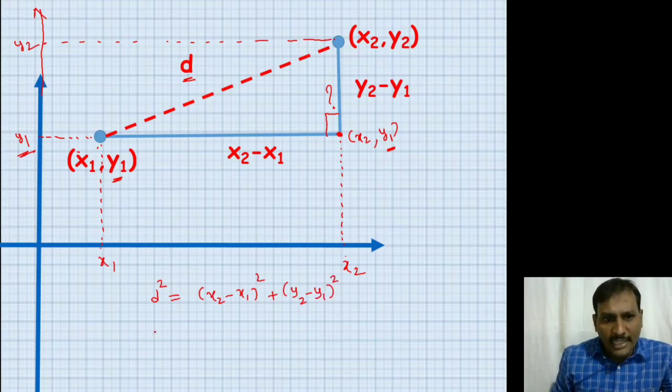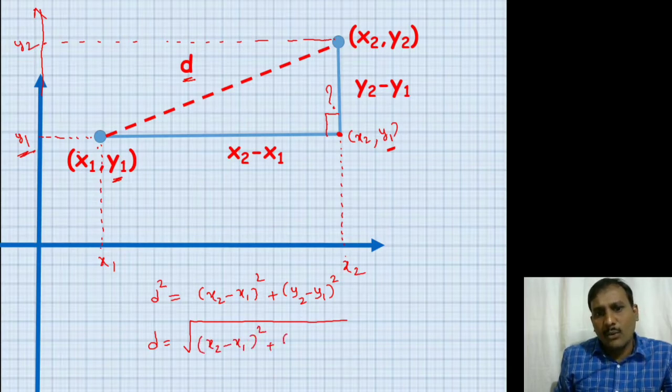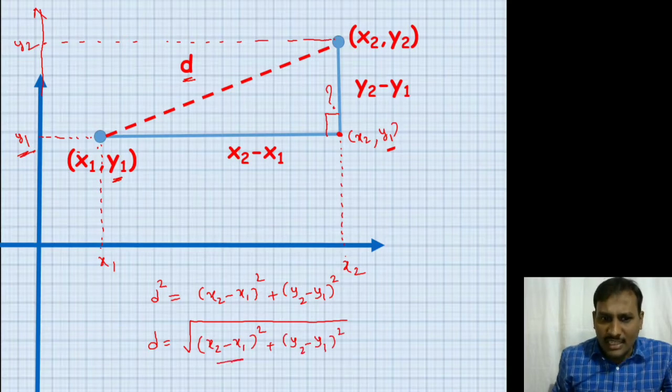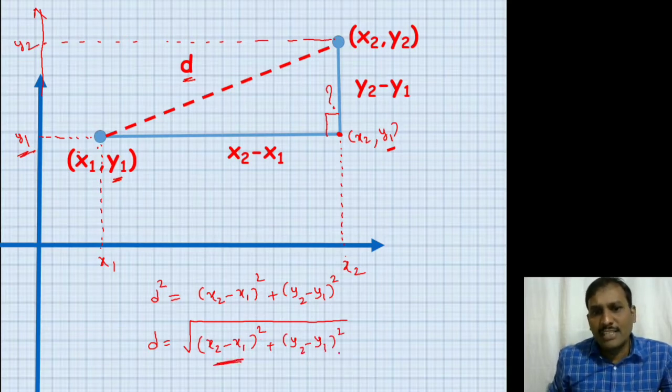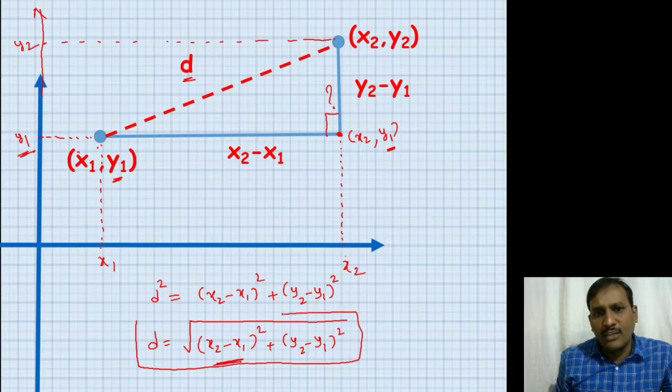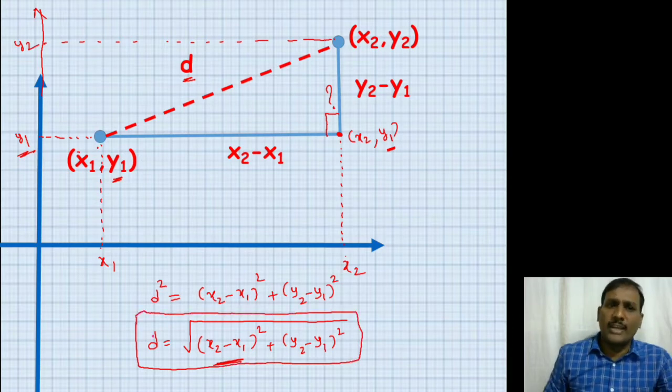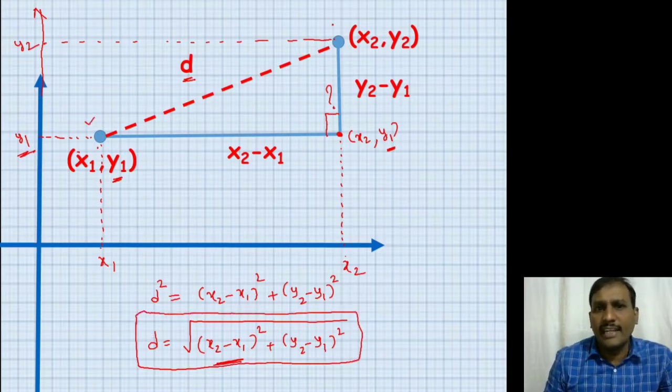So what will be the distance? d is equal to under root (x2 minus x1) whole square plus (y2 minus y1) whole square. So this is nothing but the difference of x coordinates whole square plus the difference of y coordinates whole square. This is the standard formula to find the distance between any 2 points, x1 y1 and x2 y2.